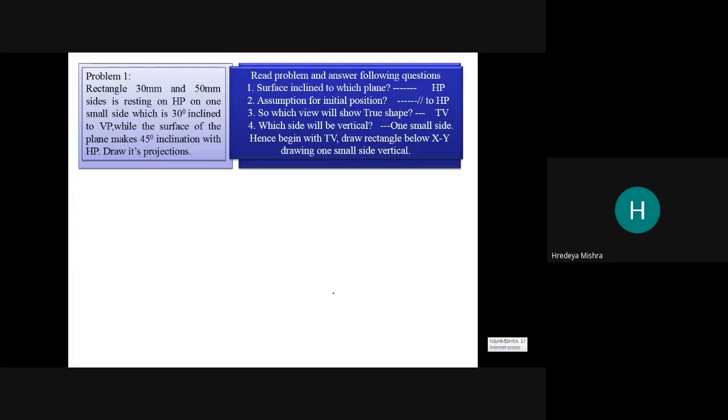See, read this problem and answer the following. Surface inclined to which plane? Tell me, give the answer. From the problem, what is indicated? Surface inclined to which plane?